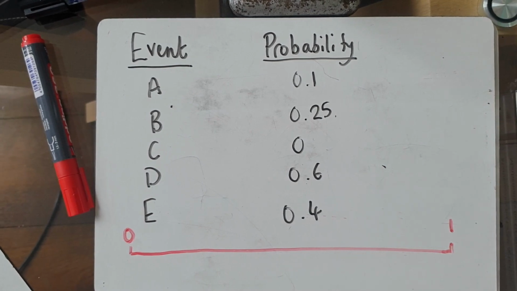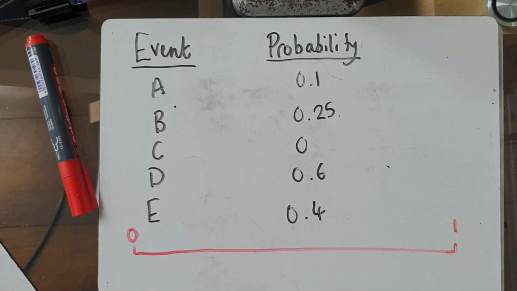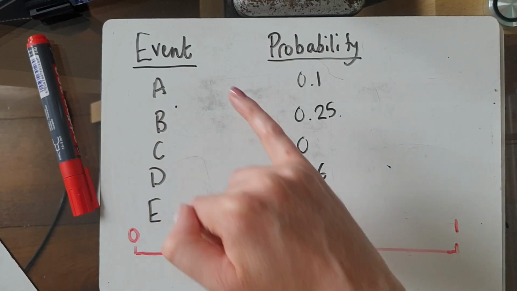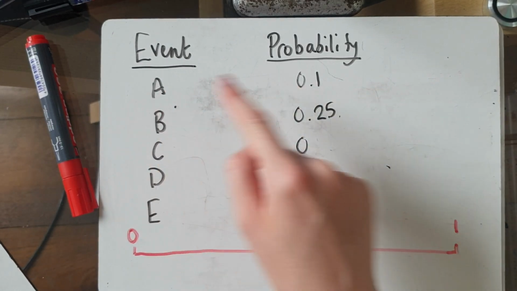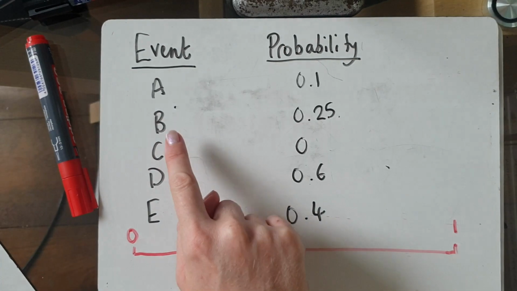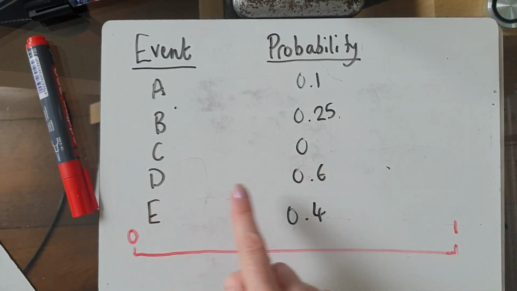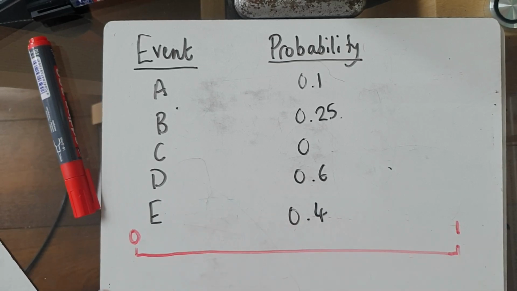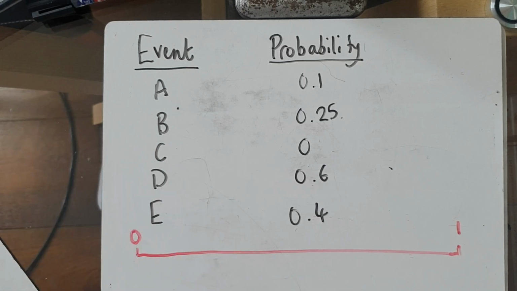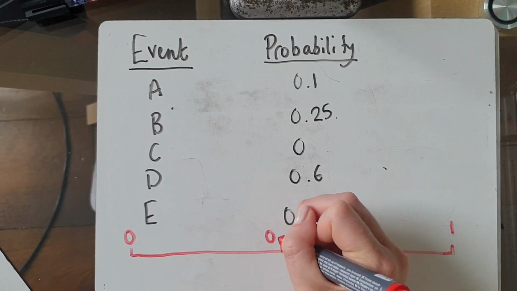Okay, we are going to do an example now where we have to label each event on a probability scale. So here are the events A, B, C, D and E, and the probabilities for each one. A is 0.1, B is 0.25, C is 0, D is 0.6 and E is 0.4. So we now need to put these on the probability scale and label them. The first thing I'm going to do is mark for myself where 0.5 would be.